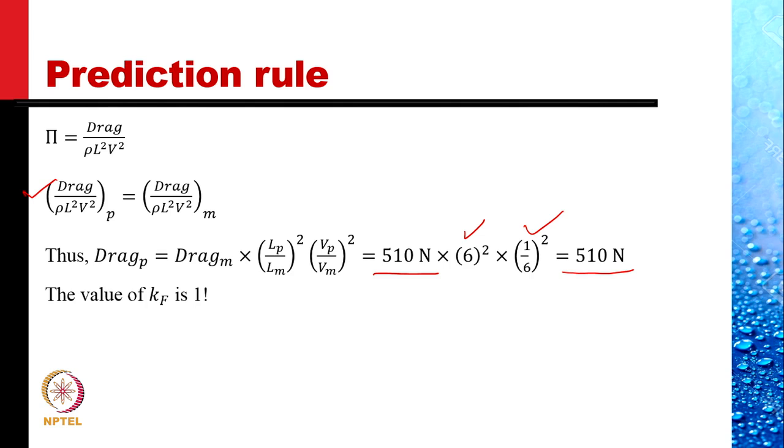Our model is smaller by a factor of 6, but we are testing at a velocity which is 6 times the prototype velocity, so that the force scale factor is 1, and the drag on the prototype is the same as drag on the model.